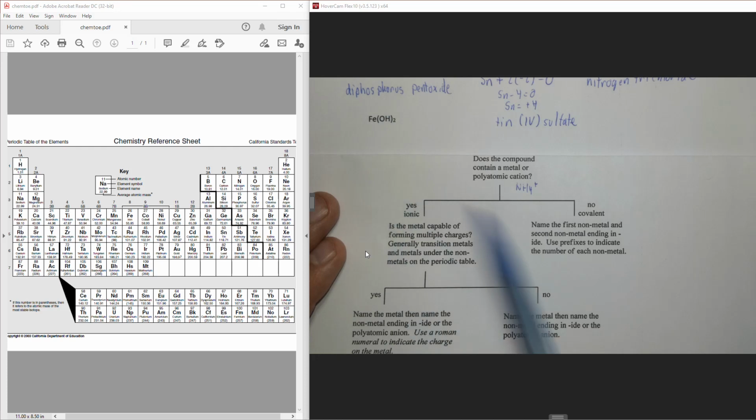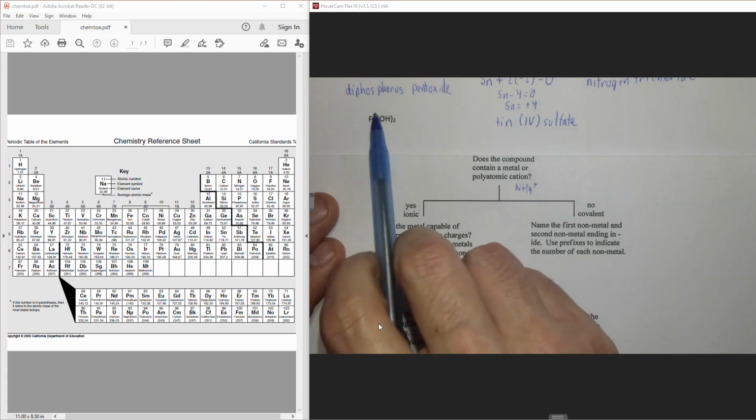So we have Fe(OH)2. Does the compound contain a metal? Well, Fe is iron, which is right here. Okay, and we have OH twice. So iron is ionic, right, because it contains a metal. Iron is also a transition metal, so it's capable of forming multiple charges. Again, not all transition metals are capable of forming multiple charges, but the only ones that I put on this table are.